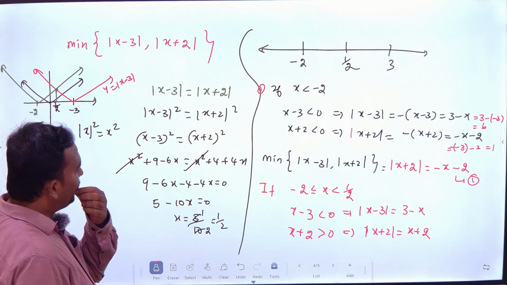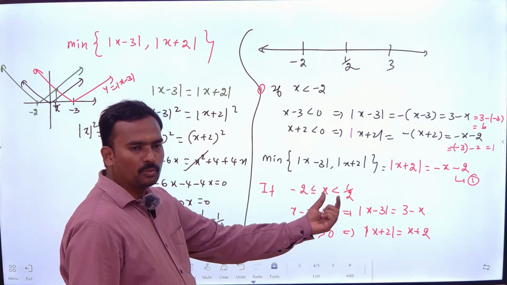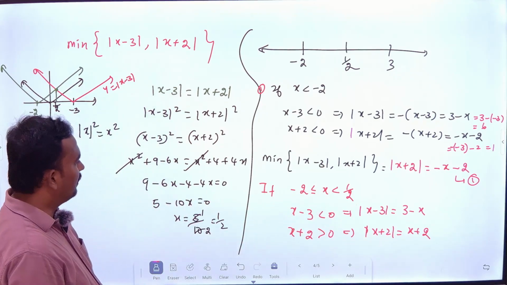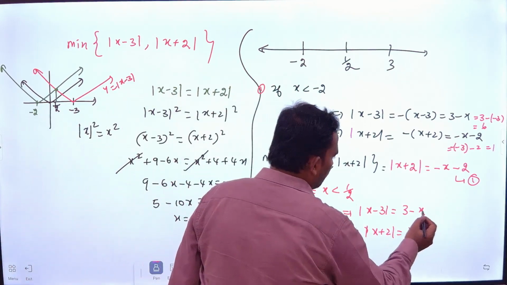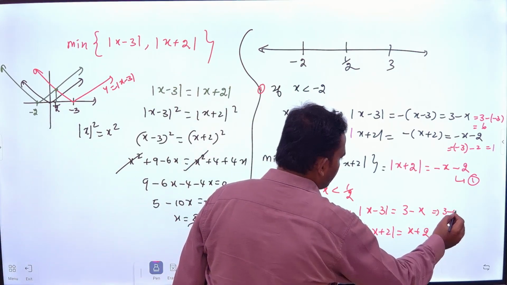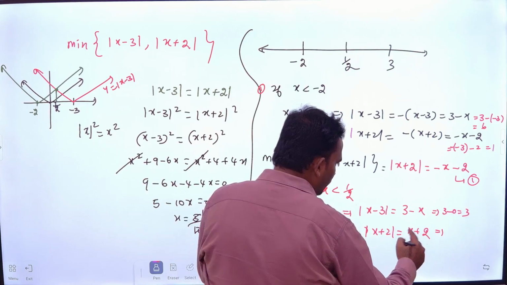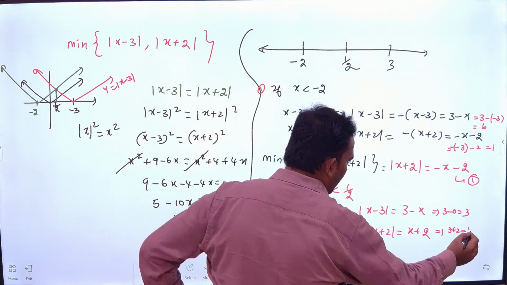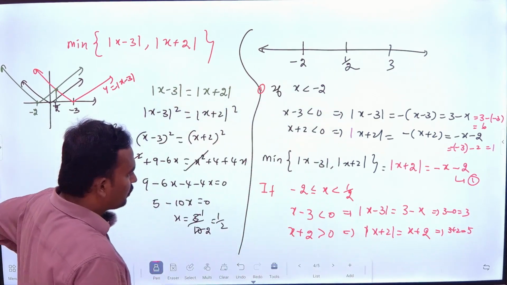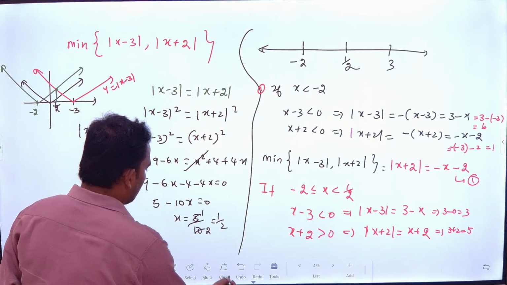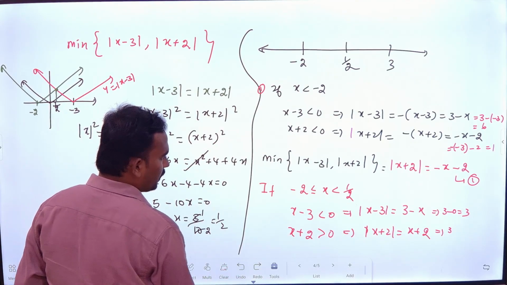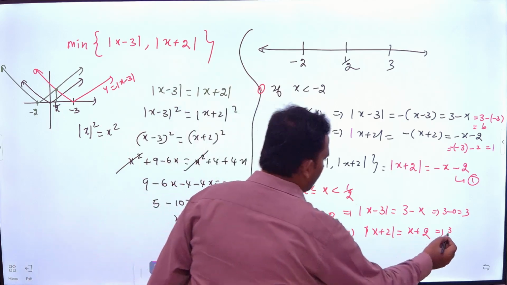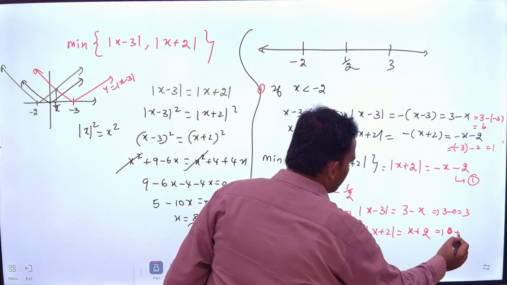So you can pick one number between minus 2 and 1 by 2. Which number you can take? Let's take 0. Put 0 here: 3 minus 0 will be 3. Here 0 plus 2 is 2.